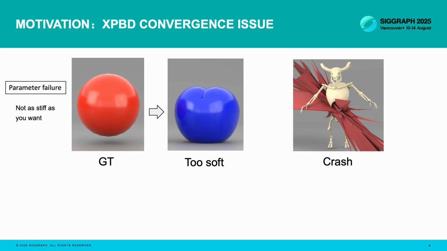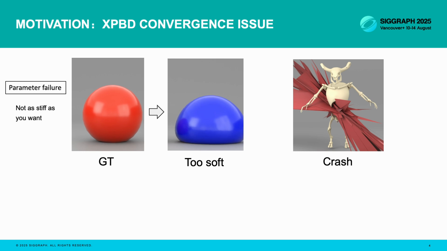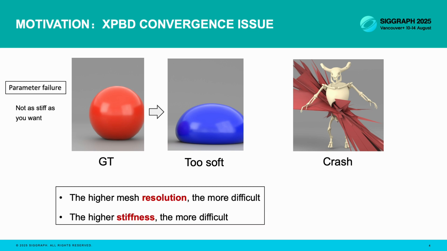But for high-quality simulations, issues arise. Sometimes results look too soft, even with high stiffness settings. In extreme cases, it causes instability or crashes. In soft body simulation, higher resolution and higher stiffness make convergence difficult.